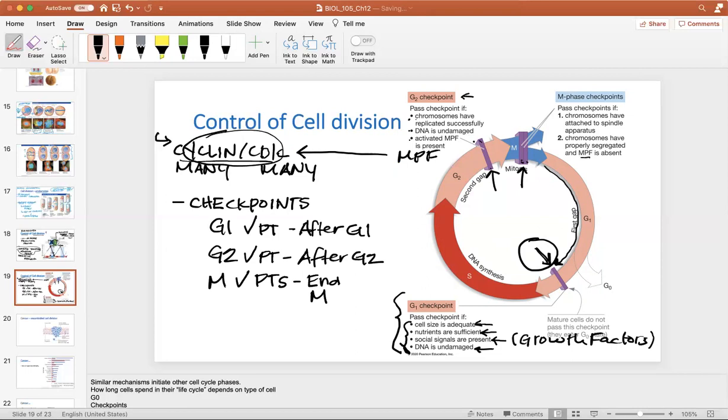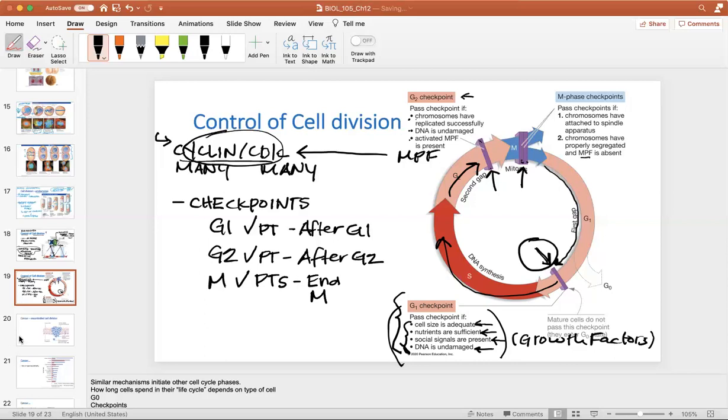So the take-home message here is that all along the way, there are enzymes that check whether or not the cell is damaged or whether the cell is functioning properly. And if it is undamaged and functioning properly, it will send the cell into the next phases. The idea being that you don't want to copy a cell that has some kind of an issue with it.